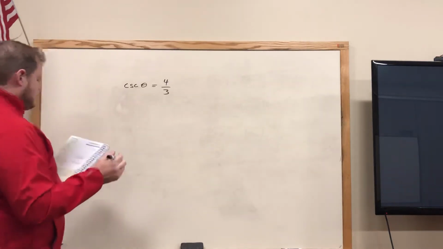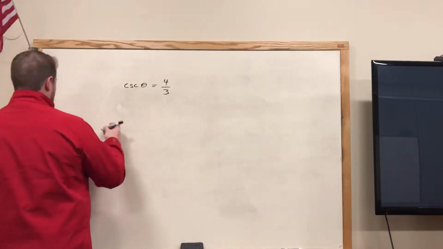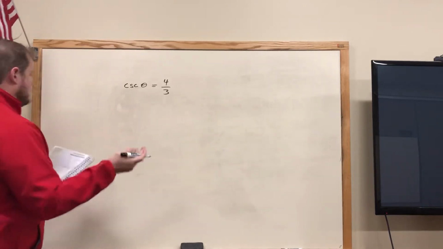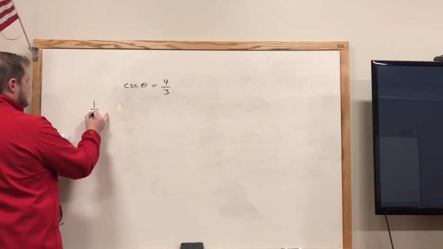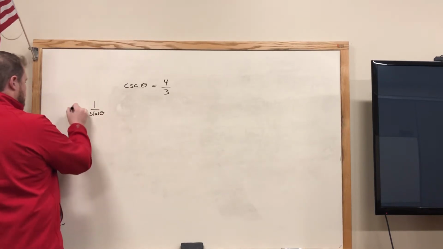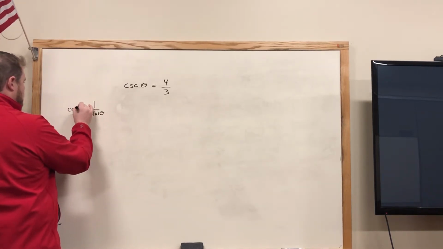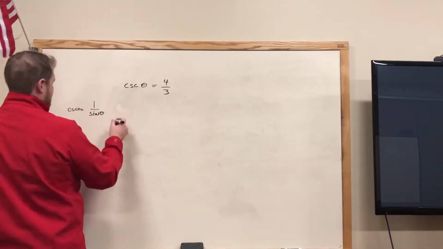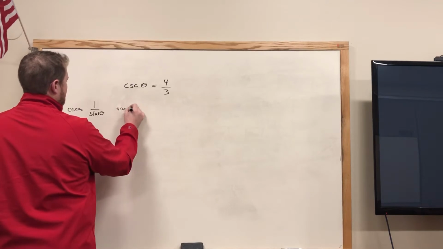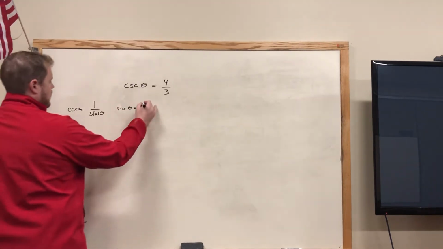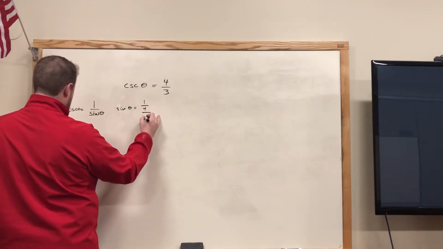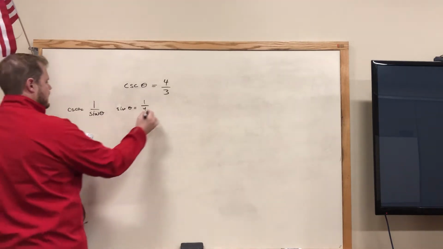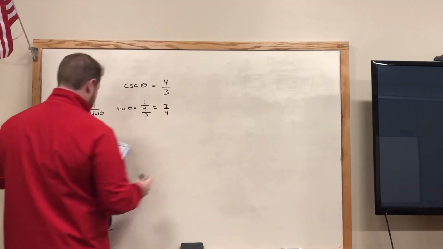First off, really quickly, what is cosecant? Another way to write that is the reciprocal of sine, 1 over sine, right? So sine theta is going to be 1 over 4/3. Therefore, my sine is going to be 3/4.